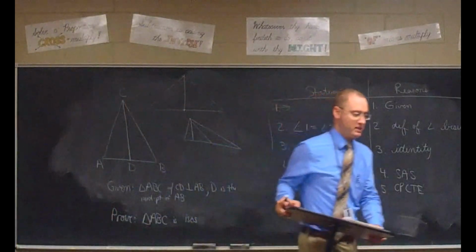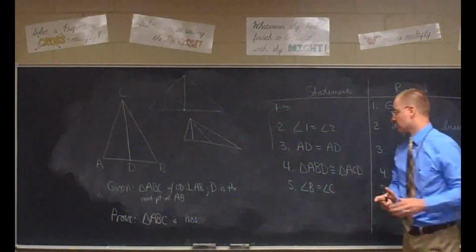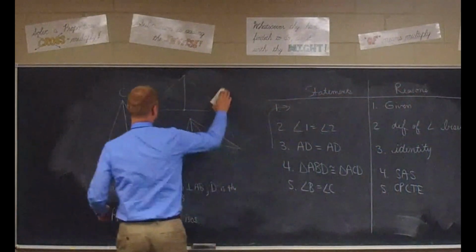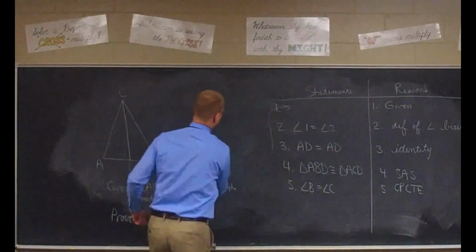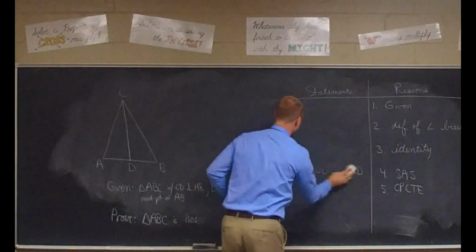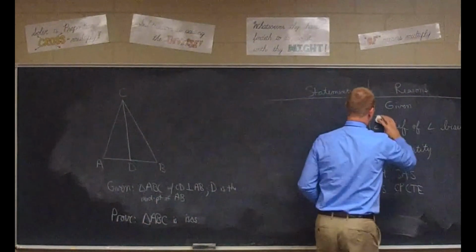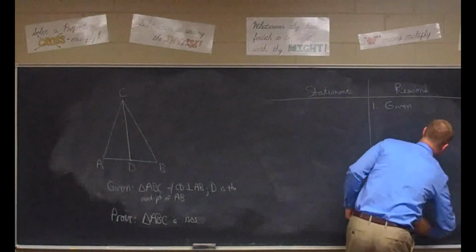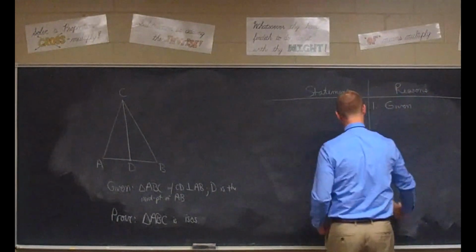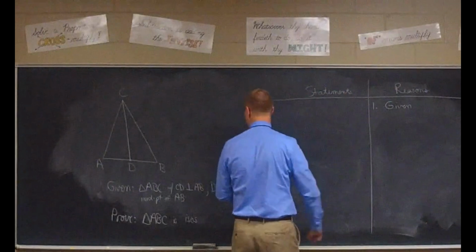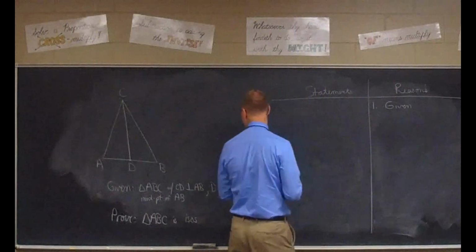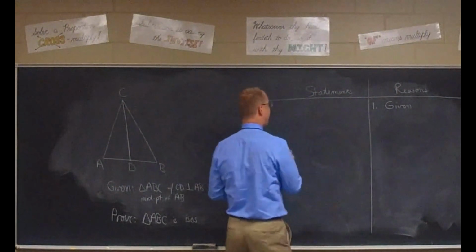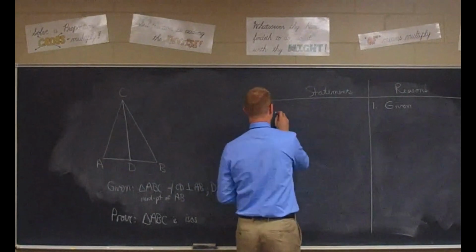Once you got that down, two columns, statements, reasons. Go and get your first statement and your first reason. So we're trying to prove that if you were to draw a triangle in which an altitude was a median, the triangle would have to be isosceles for that to be the case.